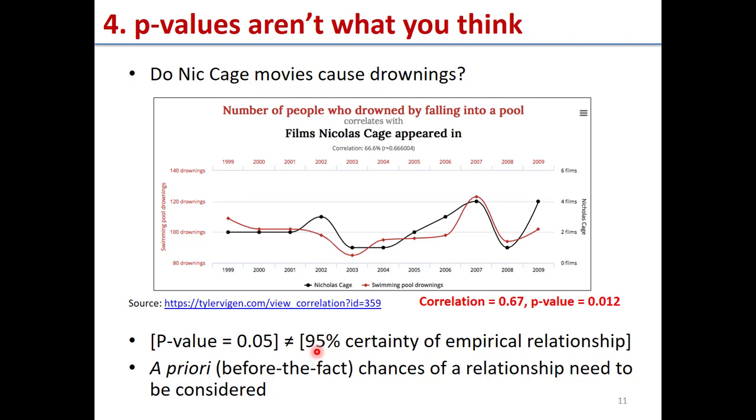What needs to be considered are a priori, meaning before the fact, chances or probabilities that there could be a relationship in the first place. Now the problem is this is a very subjective measure. What's the a priori probability that there could be a relationship? And so that basically takes away the objectiveness of statistical testing.